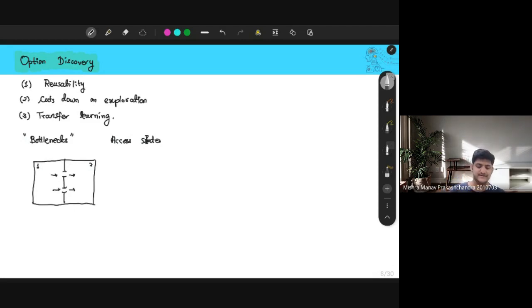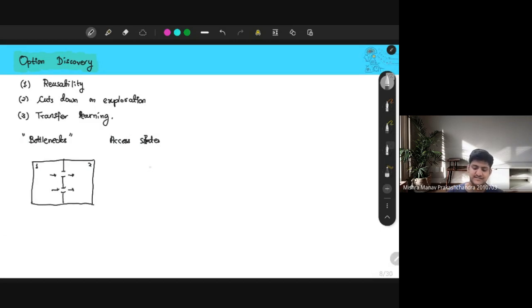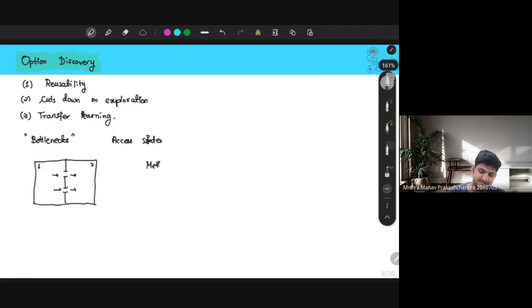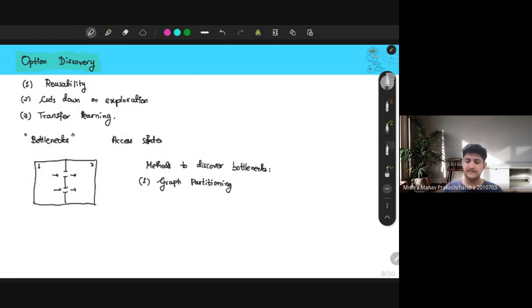So it turns out there are a few methods to discover bottlenecks. We quickly mention them. One method is graph partitioning. What happens in graph partitioning is you take the entire MDP and try to represent it in a graph structure.